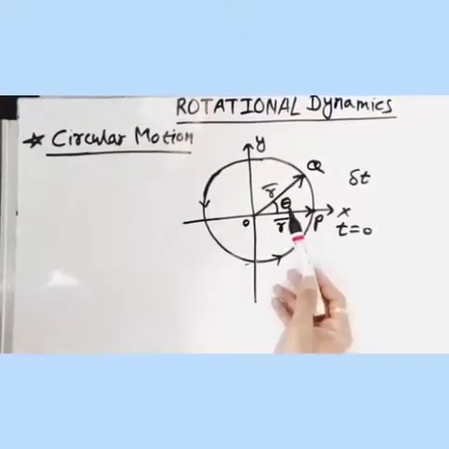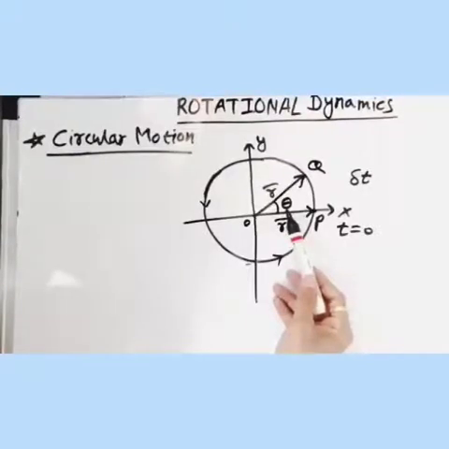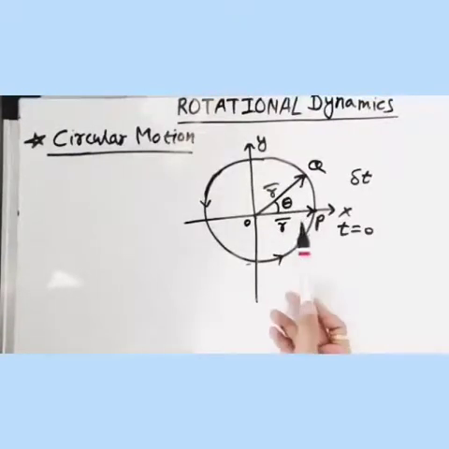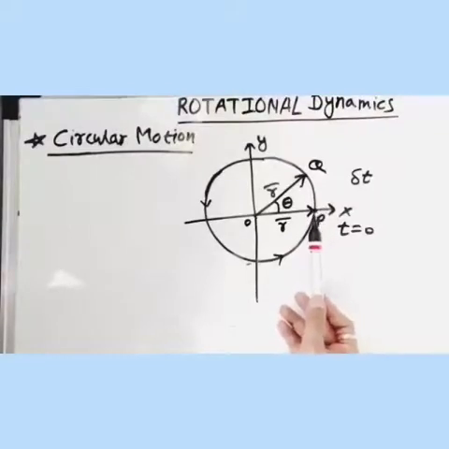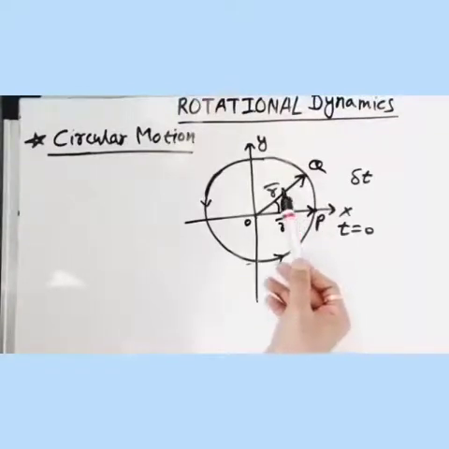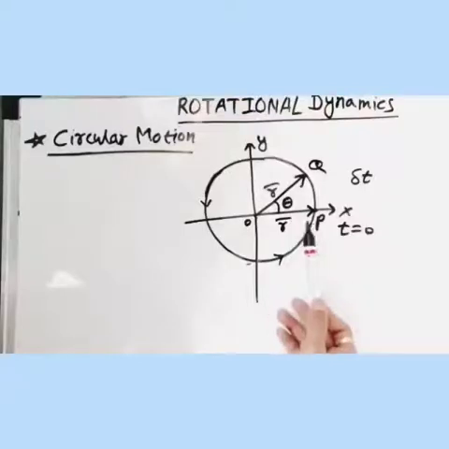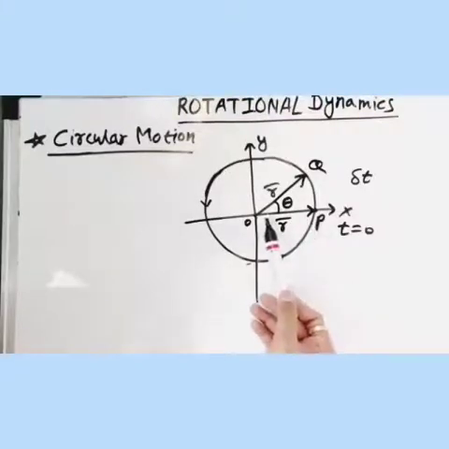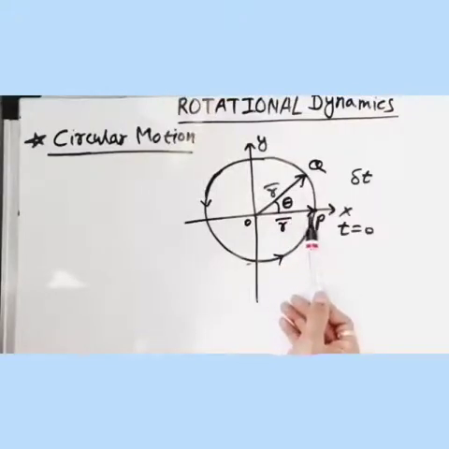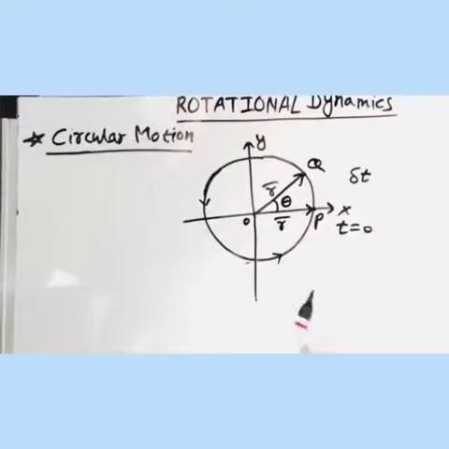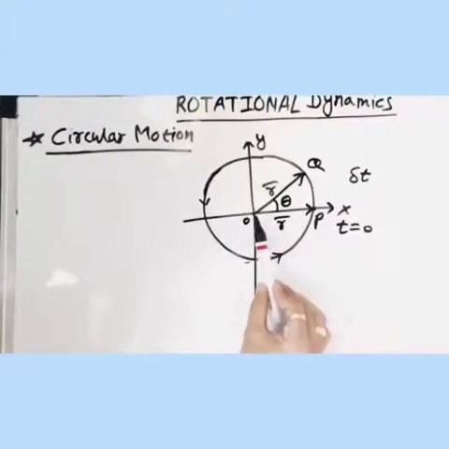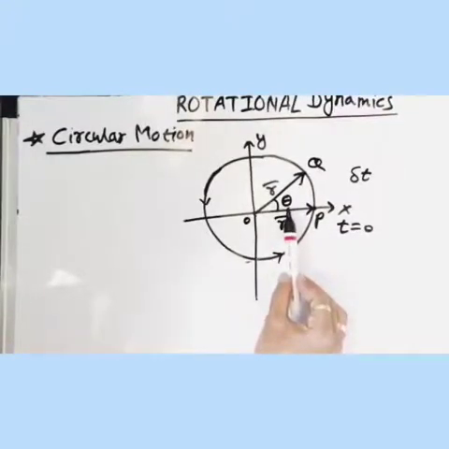So this angle over here is called angular displacement. In short, we can define angular displacement as the angle traced by the radius vector or position vector of a particle at the center of the circle. You can see these are the two radius vectors, which trace the angle theta at the center of the circular path at point O. So this theta is called angular displacement.